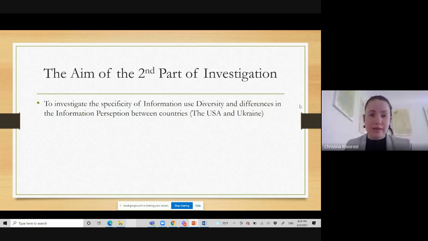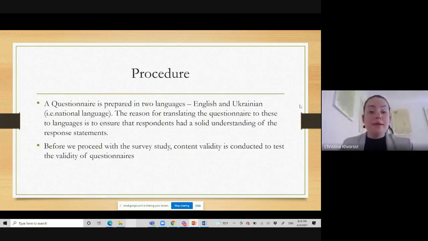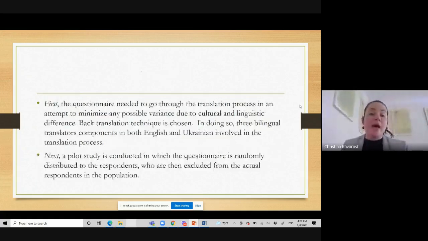The questionnaire was prepared in two languages, and the translating procedure was used during the validity process and conducted to test the validity of the questionnaires.